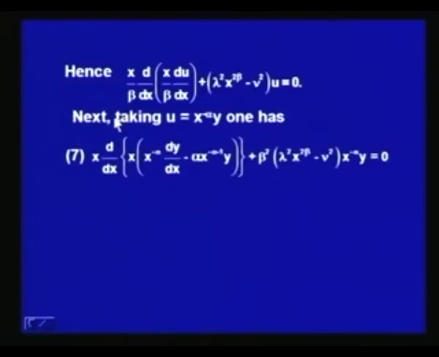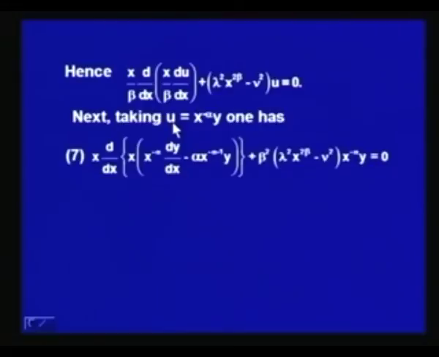Let us now put u equal to x to the power minus alpha into y in this differential equation. So the earlier two transformations that we have done to Bessel's equation changed the independent variables, first from t to z and then from z to x. Now we are changing the dependent variable from u to y.